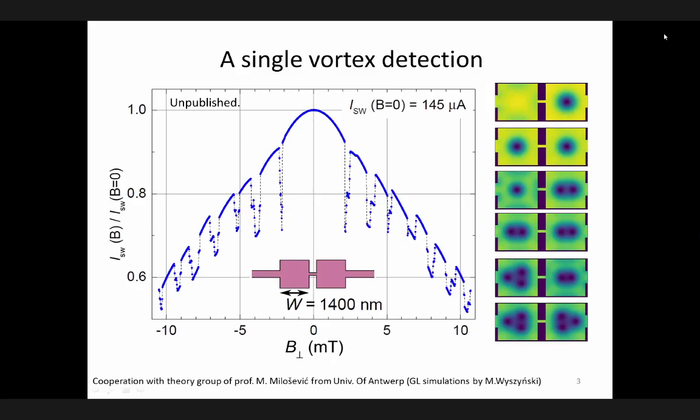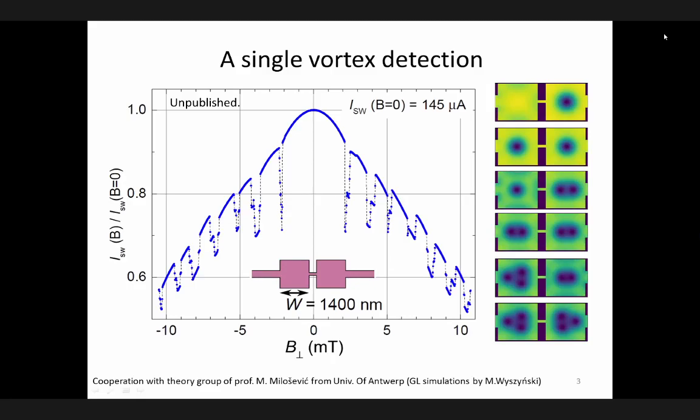Then at a particular value, which is very well reproducible and always happens in the same place, you find an abrupt change. This corresponds to the entry of a single vortex. Actually, in this case it is two vortices, because the structure is symmetric, so they enter the boxes almost simultaneously.